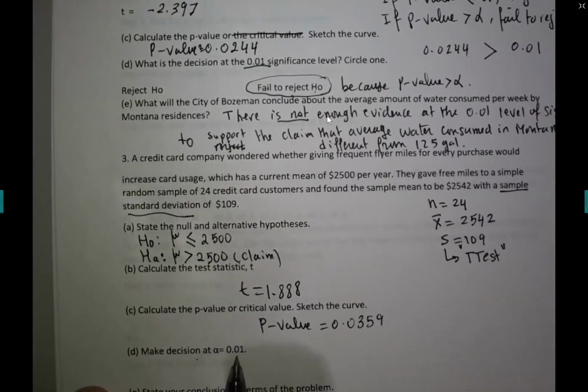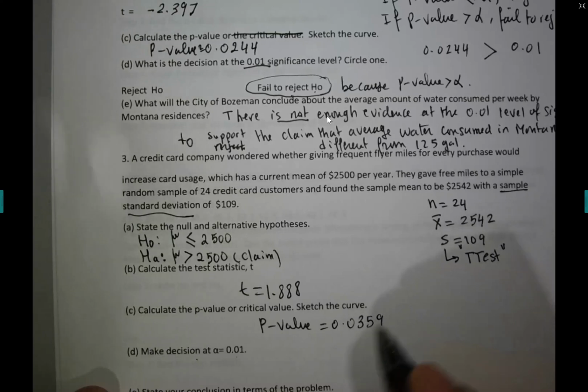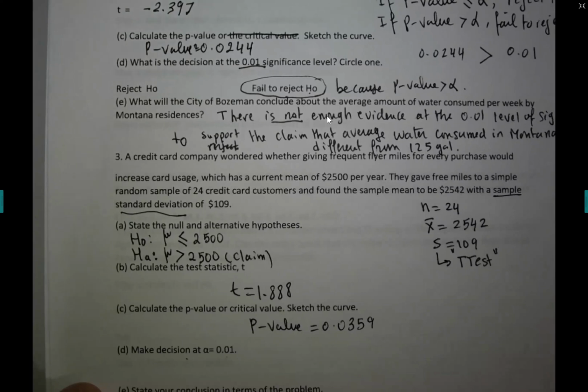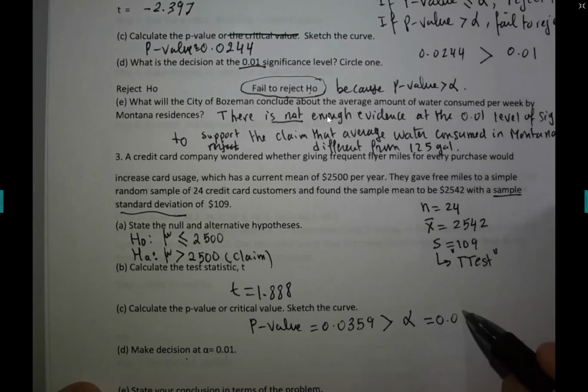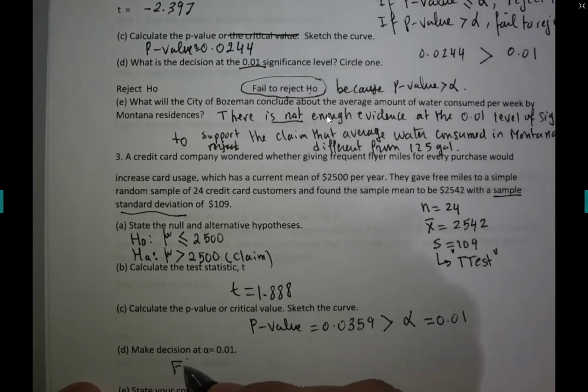Okay, make a decision, guys, at alpha equals 0.01. What do you think? Is the p-value bigger than alpha or less than alpha? This is 3.5%. This is 1%. So you guys agree with me that this is bigger than alpha. So the decision will be fail to reject the null hypothesis.